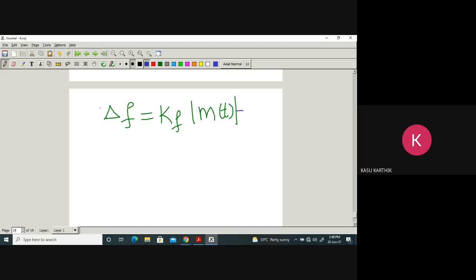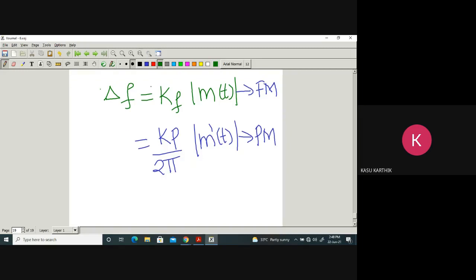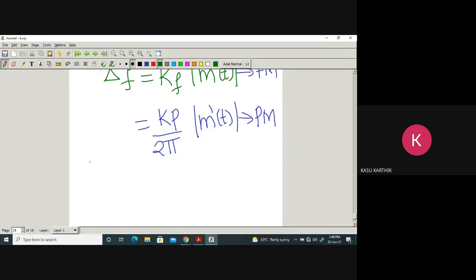That is in the case of FM. In PM, what is the formula? Kp by 2 pi mod m dash of t. Are you with me or not? This is in the case of PM. If we take tone modulation as an example, what is m of t?